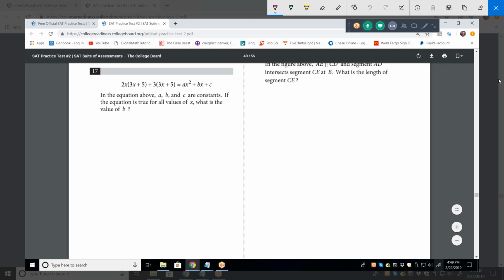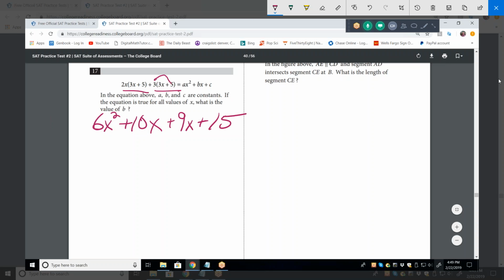Tell me the next line. Okay, so then I would get... Do that first. Okay, so I get 6x squared plus 10x. Now do that one. And then I get 9x plus 5. Plus 15. Oh, plus 15, sorry.